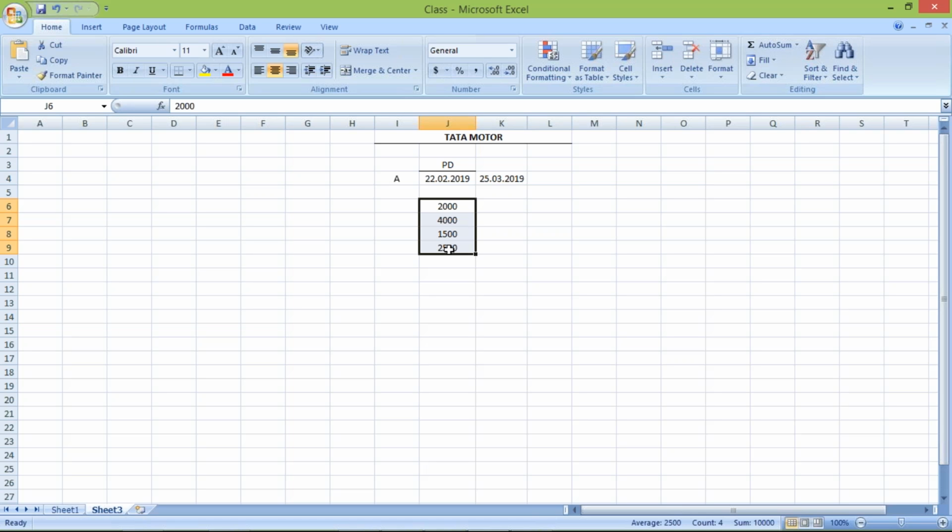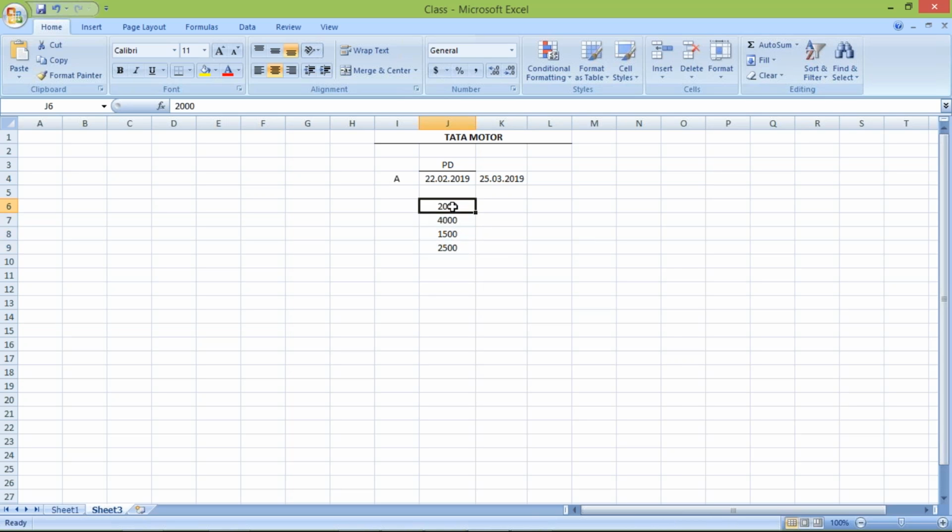Let's suppose this is related to services. What this TDS is and how to configure it, we will discuss in detail, guys. There will be a separate session on this. So whenever we post these invoices, we need to deduct certain TDS. Let's suppose 10% TDS we have to deduct.